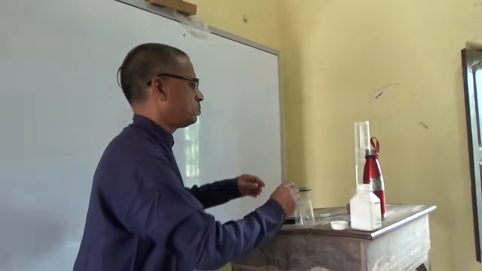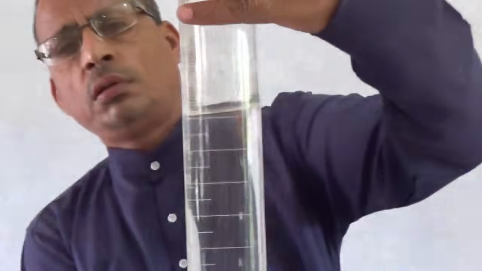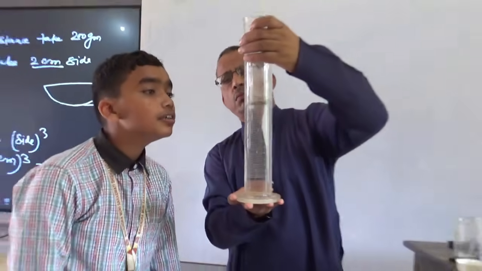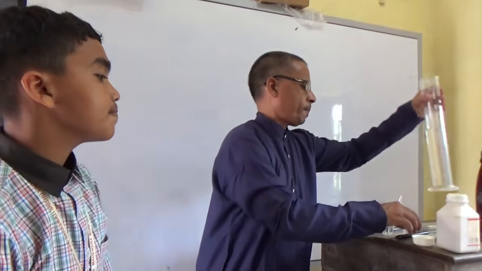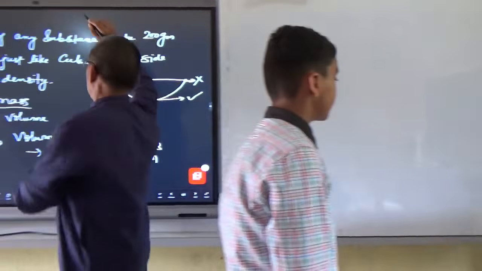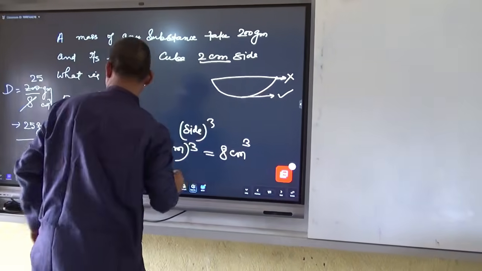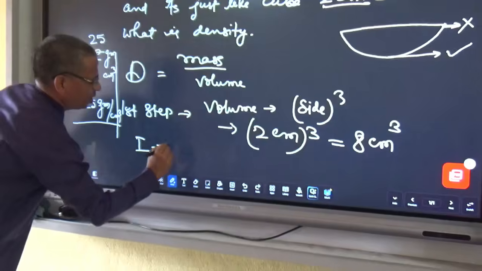Come here and see, what is the initial reading? 350. Clear? Okay. The initial reading is denoted by I, 350.